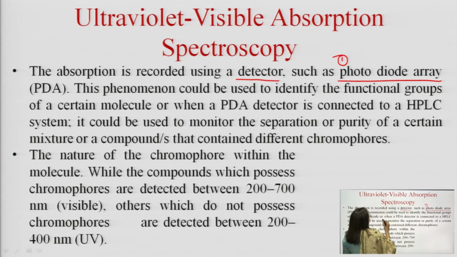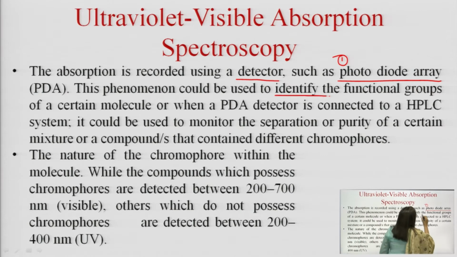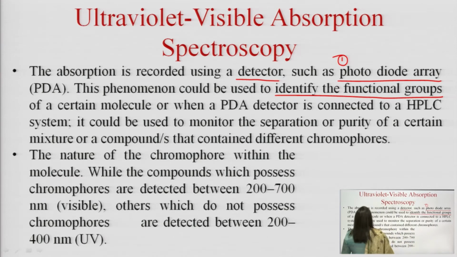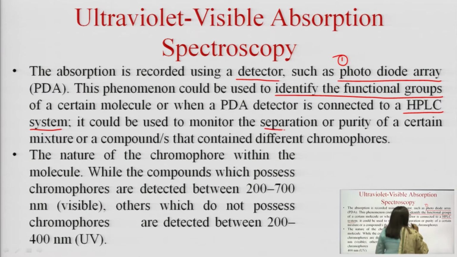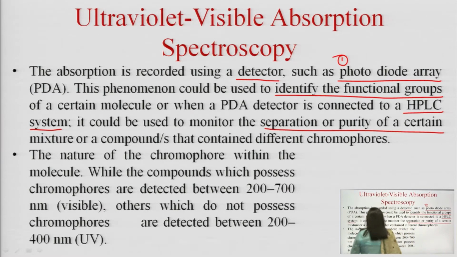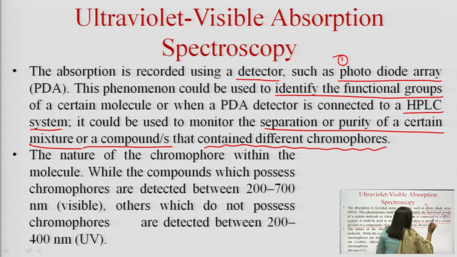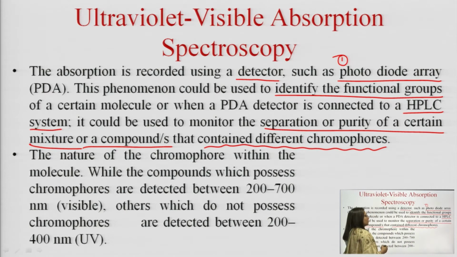This phenomenon could be used to identify various functional groups of certain molecules, or when a PDA detector is connected to an HPLC system, it could be used to monitor the separation or purity of certain mixtures or compounds that contain different chromophores, that is, the molecules having functional groups capable of giving certain color.